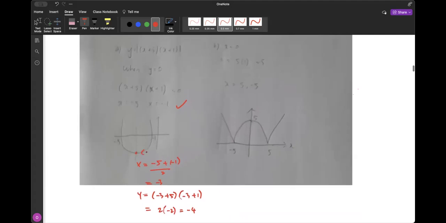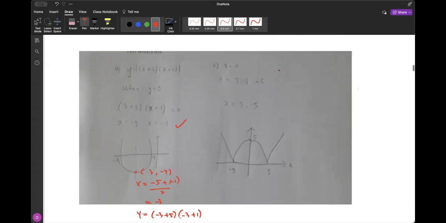So this point will be -3 and -4. Okay. So this one you put S0. Okay. So the y value is modulus of 0 plus 5 is 5, right? 5, 1 back to 5. Okay, this one correct.